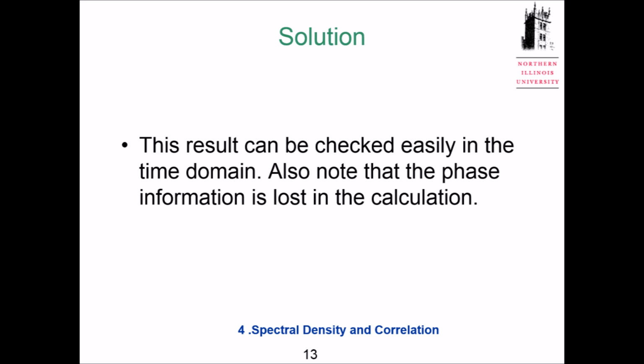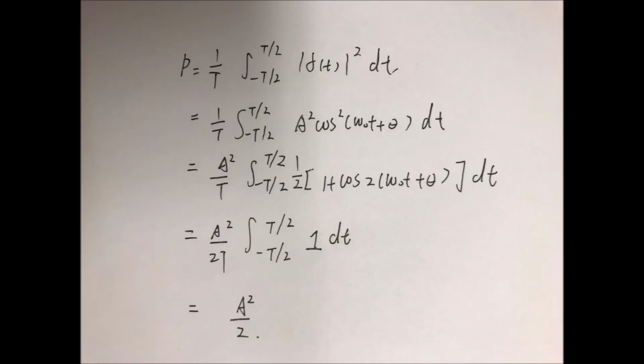So for a power signal, P is given by this equation which we use. It's a periodic signal, so I don't write limits as T goes to infinity.